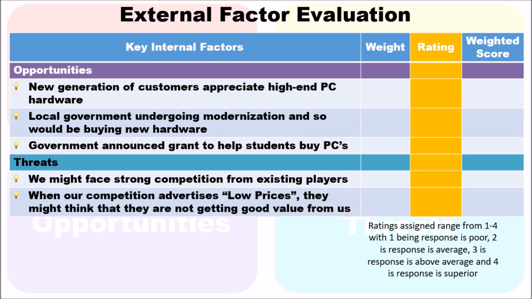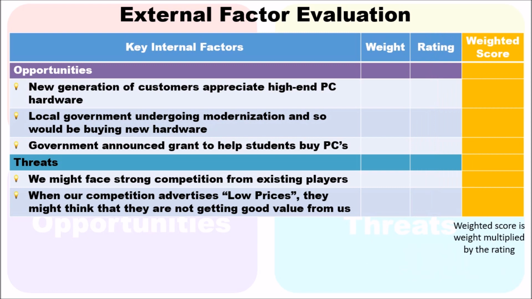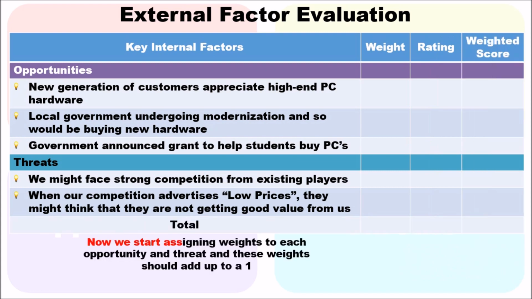So in this evaluation, what we're looking at is the response. 1 would be the response is poor, 2 would be response is average, 3 would be response is above average, and 4 would be the response is superior. Then you take the weights and the ratings, multiply them, put them in the weighted score column, and at the bottom you add up all the weighted scores. So let's start with that.